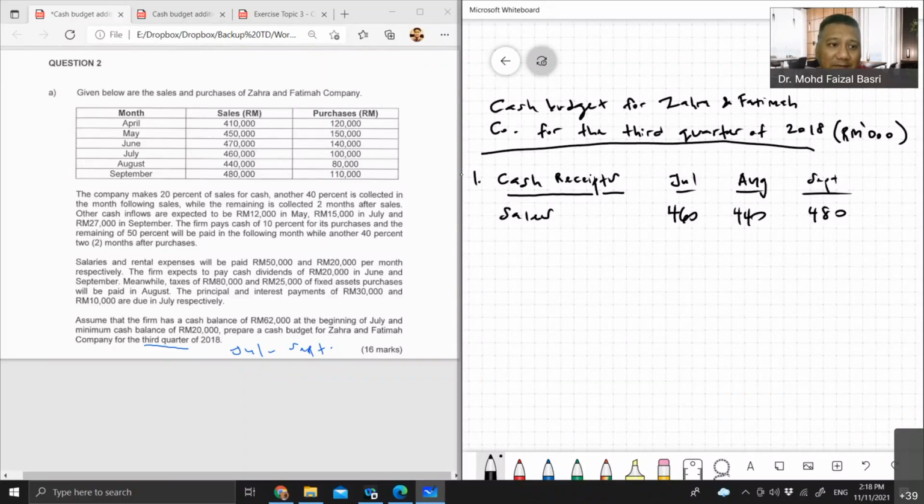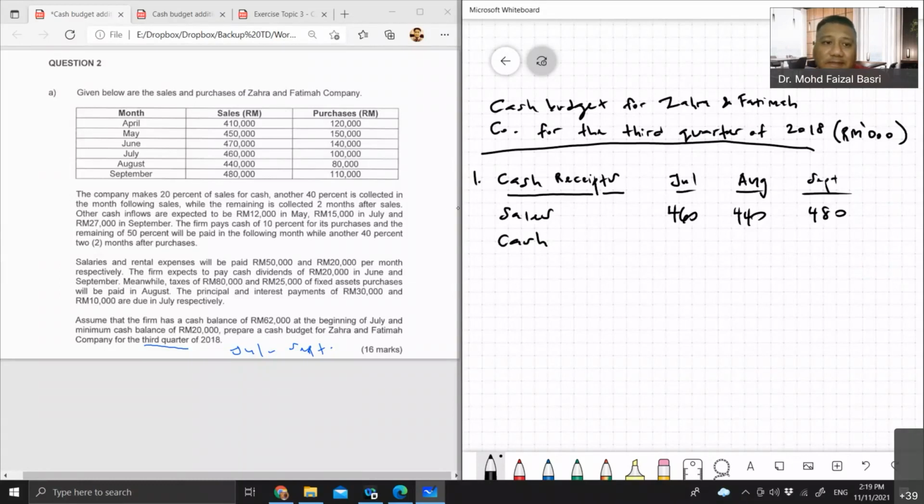the first statement here, they said, the company makes 20% of sales for cash. Okay, meaning from the sales that happen every month, 20% they're going to receive by cash. So what I will write later after sales is the cash transaction. And when we say cash, we're going to assume that they're going to receive each respective month's sales in cash basis.